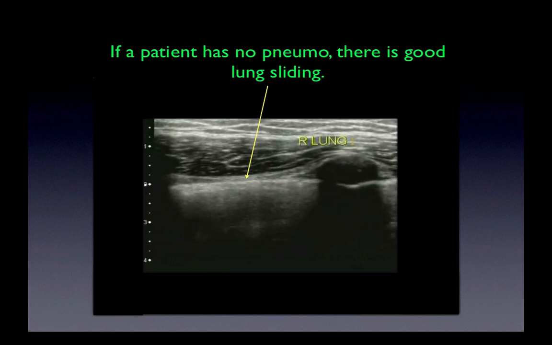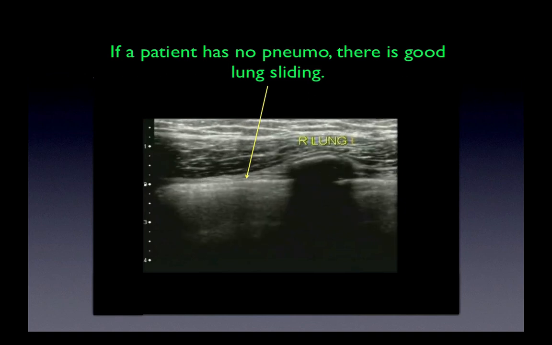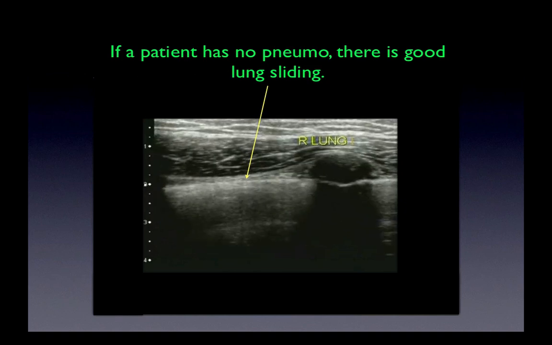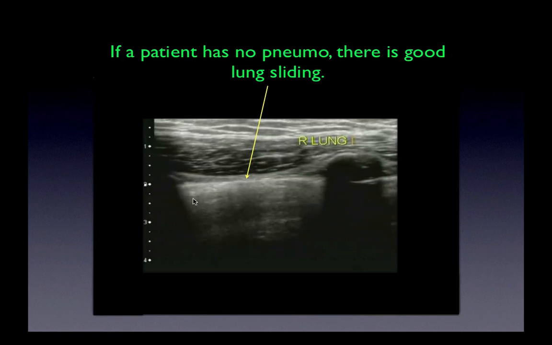Now let's look at ultrasonography as it relates to pneumothorax. If the patient has no pneumothorax, there's what's known as lung sliding.